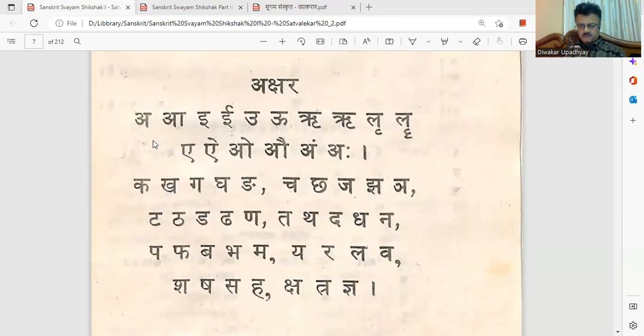These are the basic letters in the Sanskrit language.